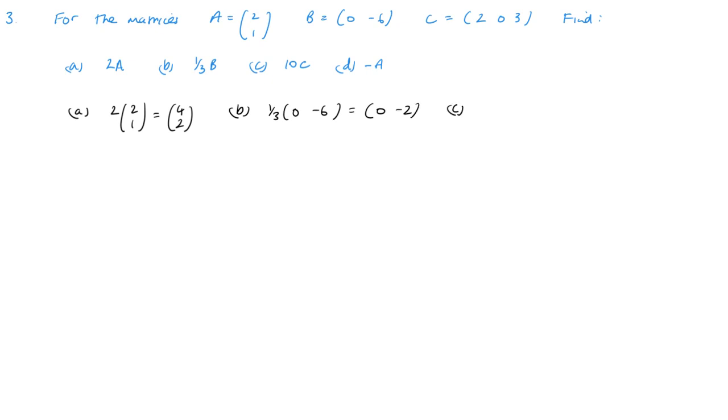C is 10C, so 10 times 2, 0, 3, and that is 20, 0, 30. And then part D is minus A, so it's minus 2 minus 1. And there we have it, just the introduction to matrices.